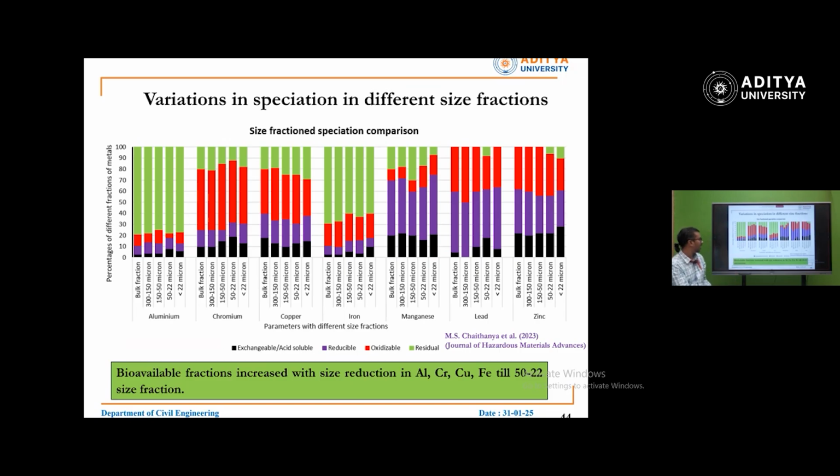That also we have identified, and bioavailable fractions generally increased with the reduction in size. The smaller the size, the more is the accumulation, and the bioavailable forms are also more. If bioavailable forms are more, that indicates that the metal is easy to get leached into the environment under different environmental conditions.